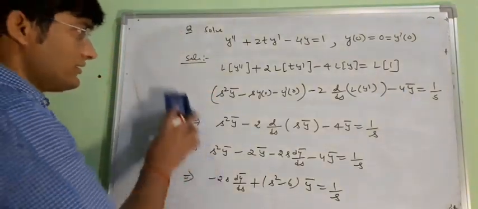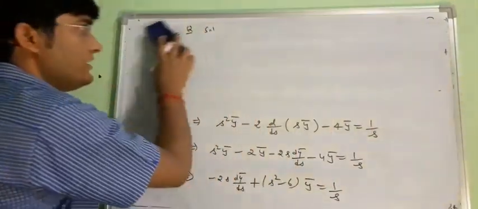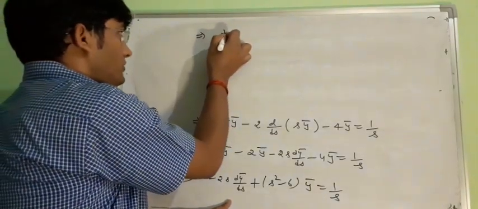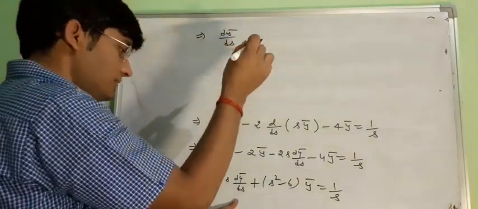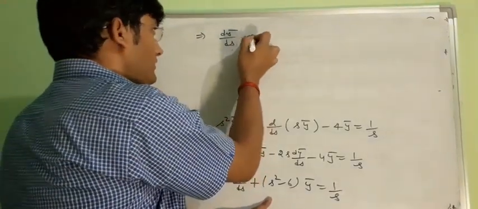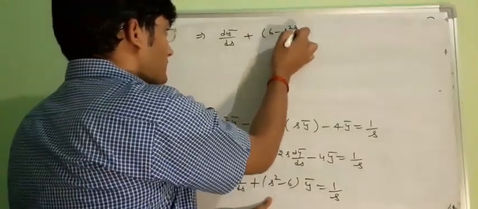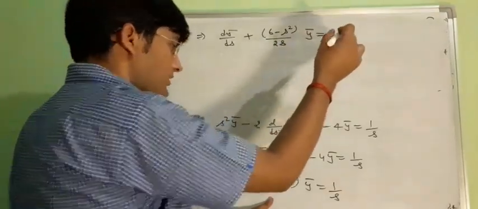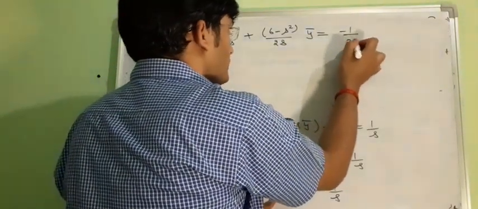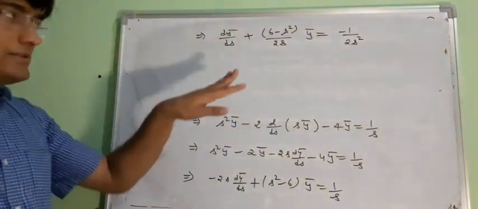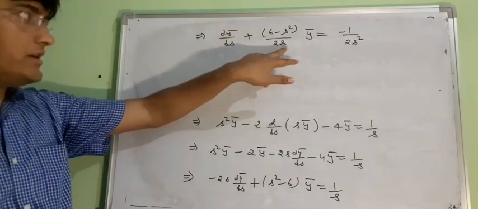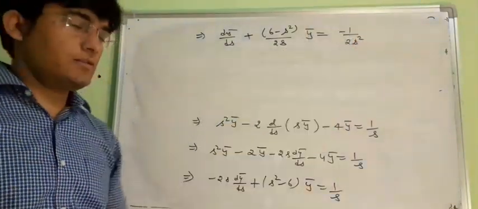Now you can see that it is a linear differential equation of first order. So this can be written as dy bar upon ds plus 6 minus s square divided by 2s into y bar equal to minus 1 upon 2s square. Clearly you can see that this is of the type dy by dx plus P(x) into y equal to Q(x).